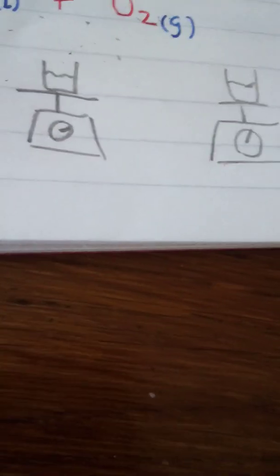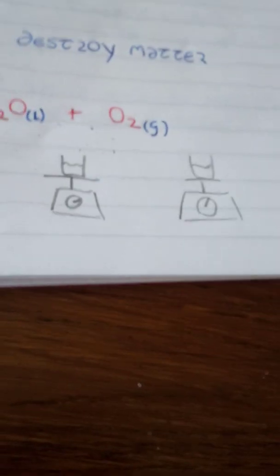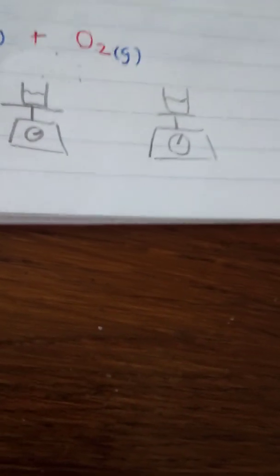No, it just means all this oxygen that's been created has gone off into the air somewhere, and we're not measuring that mass. All the mass of the air isn't pressing down on the scale, because that would just be weird. So because it's gone off, it has what we call escaped into the environment. Okay, so I'll write that down.